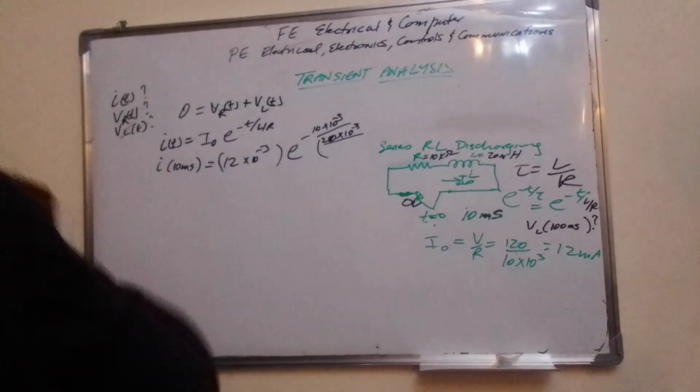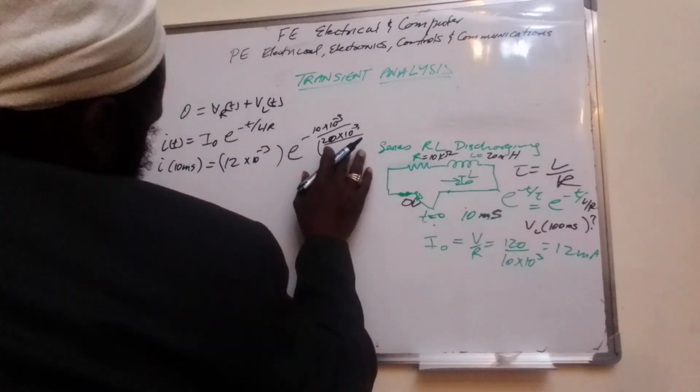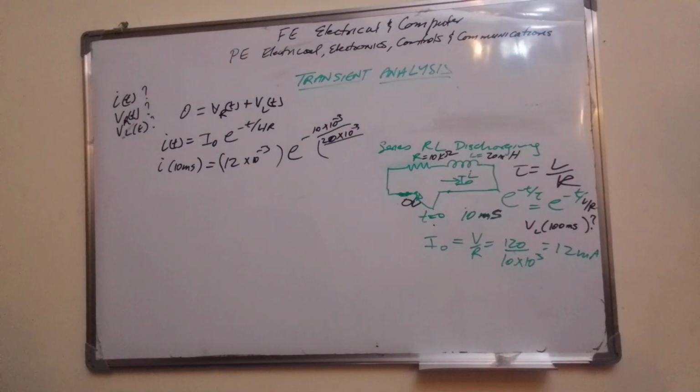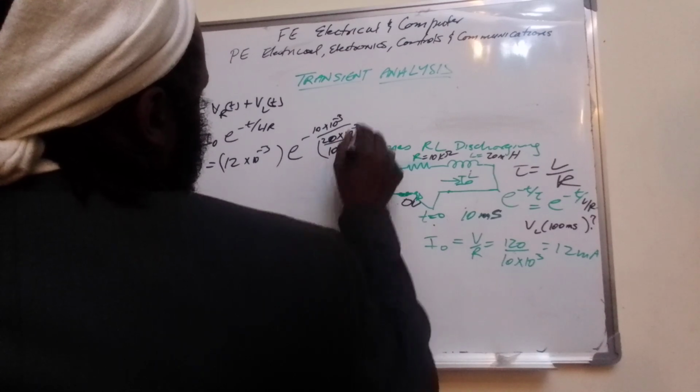Alright, so tau equals L over R. So what is L? 20 times 10 to the minus 3 over R, which is 10,000, 10 times 10 to the third.